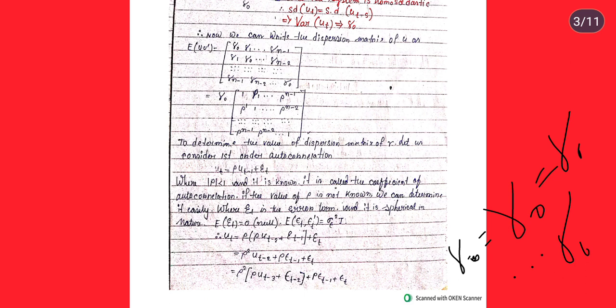If we take gamma 0 common, then the whole matrix is: first row 1, rho, up to rho superscript n minus 1; the next row rho, 1, up to rho superscript n minus 2; and in the last row rho superscript n minus 1, up to 1.